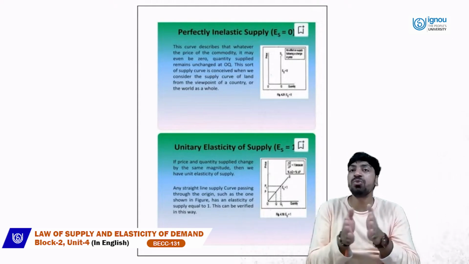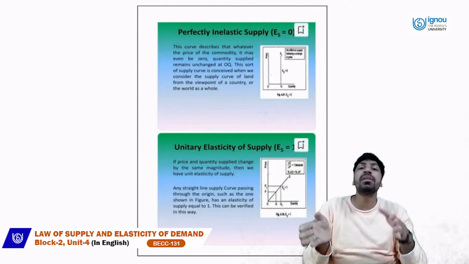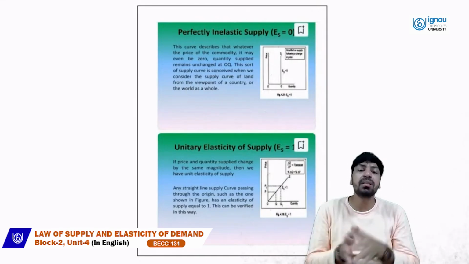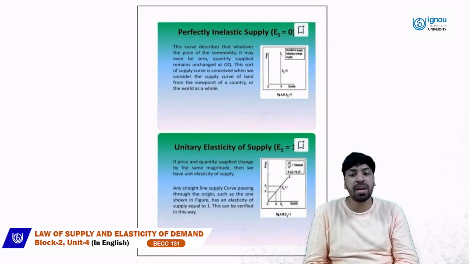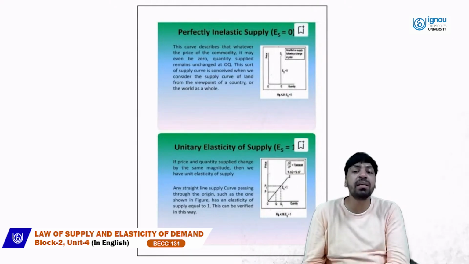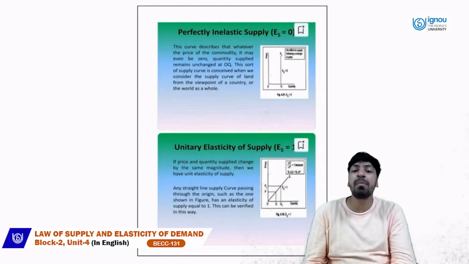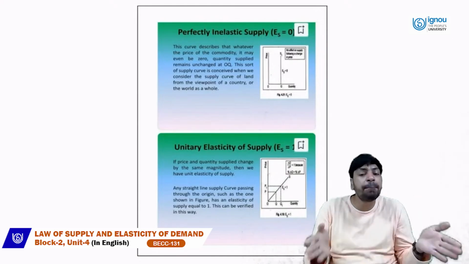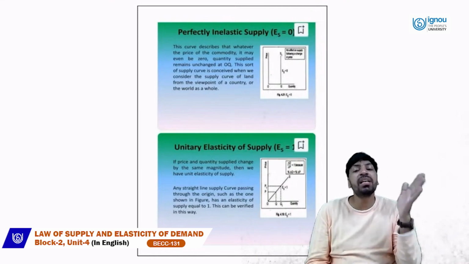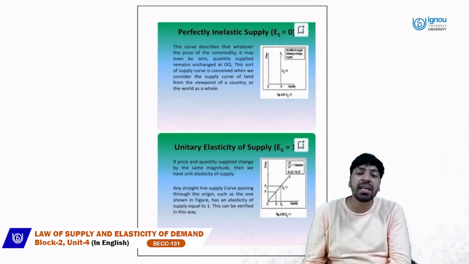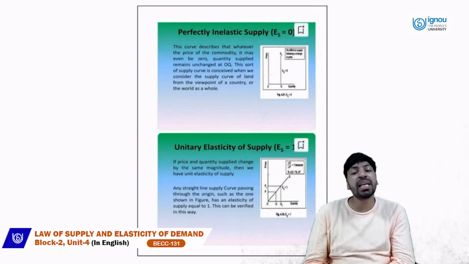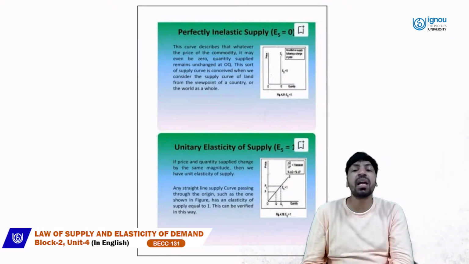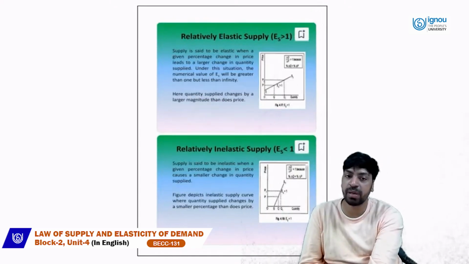It is very simple to understand from the diagram. That's unitary elasticity of supply, which is equal to 1.